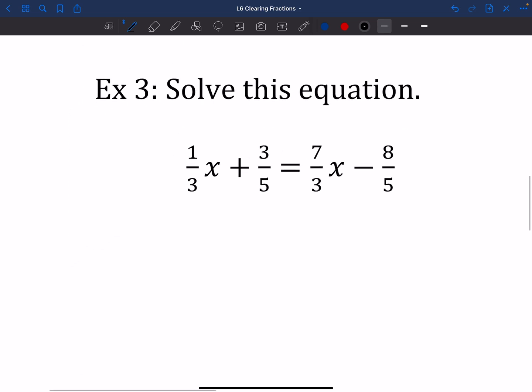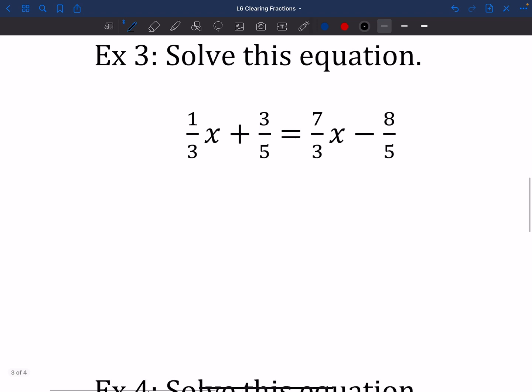So this one's got a lot of fractions moving around, but there's something that makes this a little bit easier than it might look. If I look at the different denominators, I have a 3 and I have a 5, but then I have just another 3 and another 5, right? So the only two denominators I have to worry about are 3 and 5.